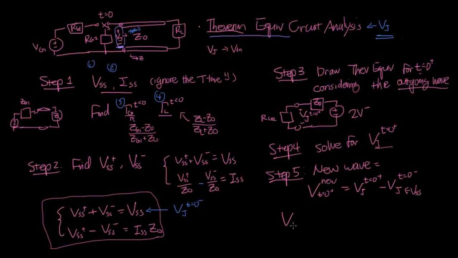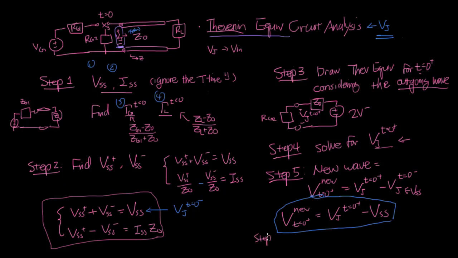So the new wave is going to be equal to Vj at t equals 0 plus, which again you found in the Thevenin equivalent circuit analysis, minus VSS. So that gives you the new wave that comes across.